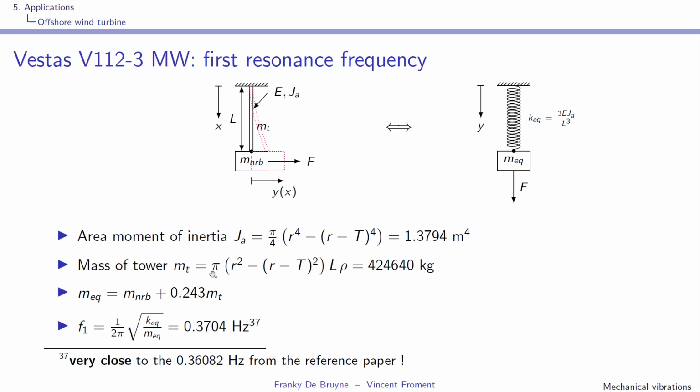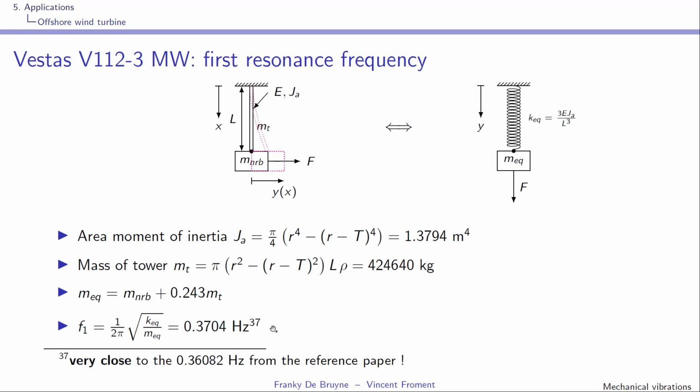Here you have the formula, area times length, so that's a volume times density. And if you do the computation, you have a mass of the tower that is roughly 424 tons.